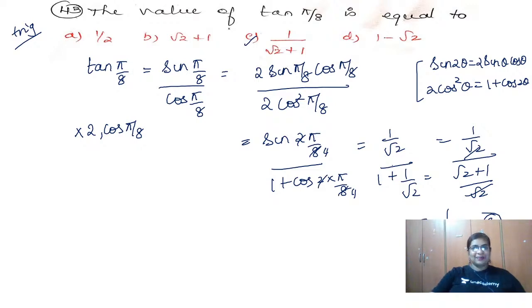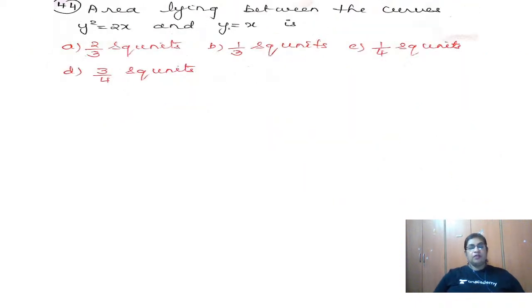Wasn't that interesting? Okay, coming to the next question, question number 44. Here also I'm going to give you a shortcut on how to proceed. This is an application of integrals question. Area lying between the curves y square is equal to 2ax and y is equal to x.